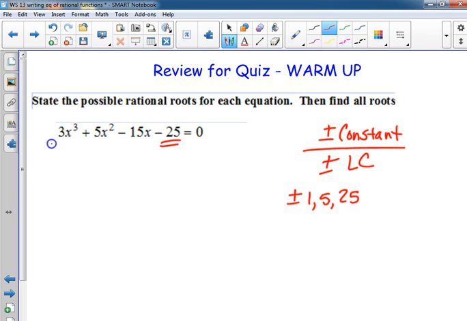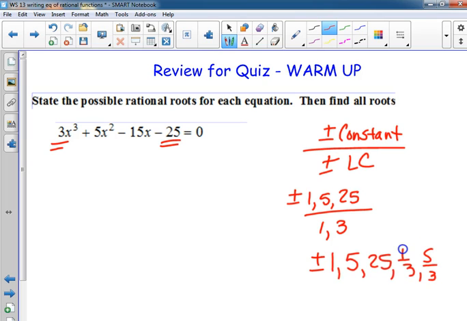Okay. And the factors of the leading coefficient. Okay, remember, I'm not okay with you leaving that. You need to write that out, what that means. So 1 over 1, 5 over 1, 25 over 1, 1 over 3, 5 over 3, and 25 over 3.